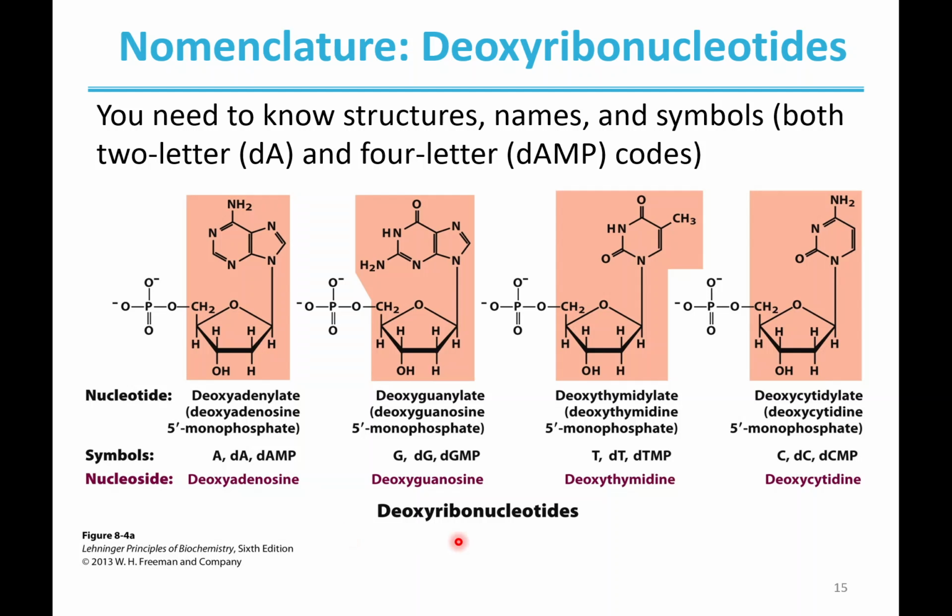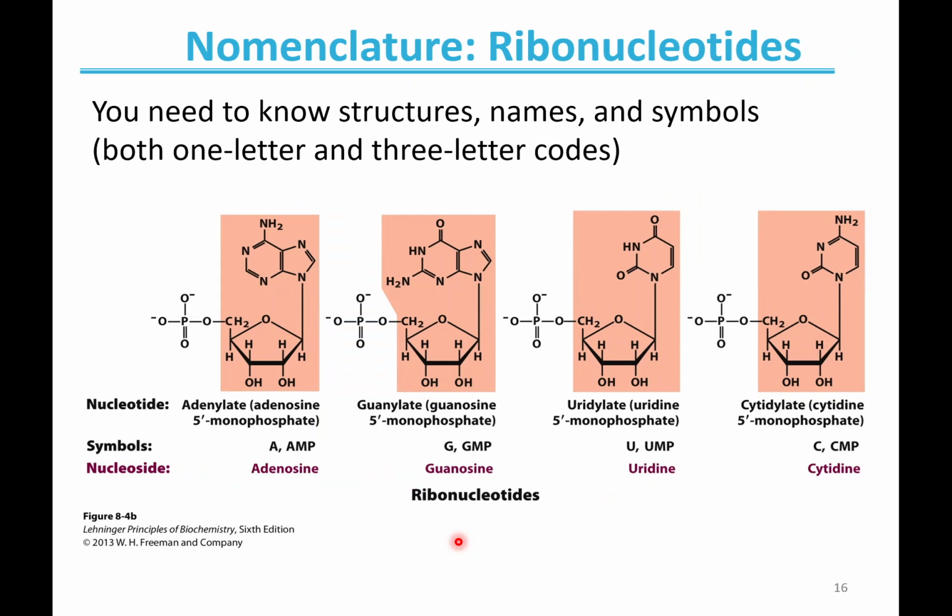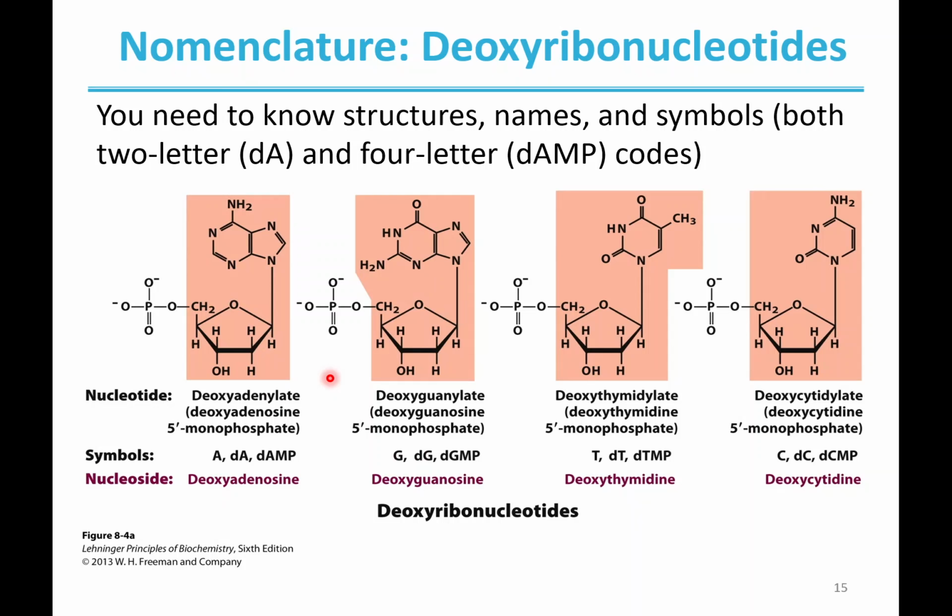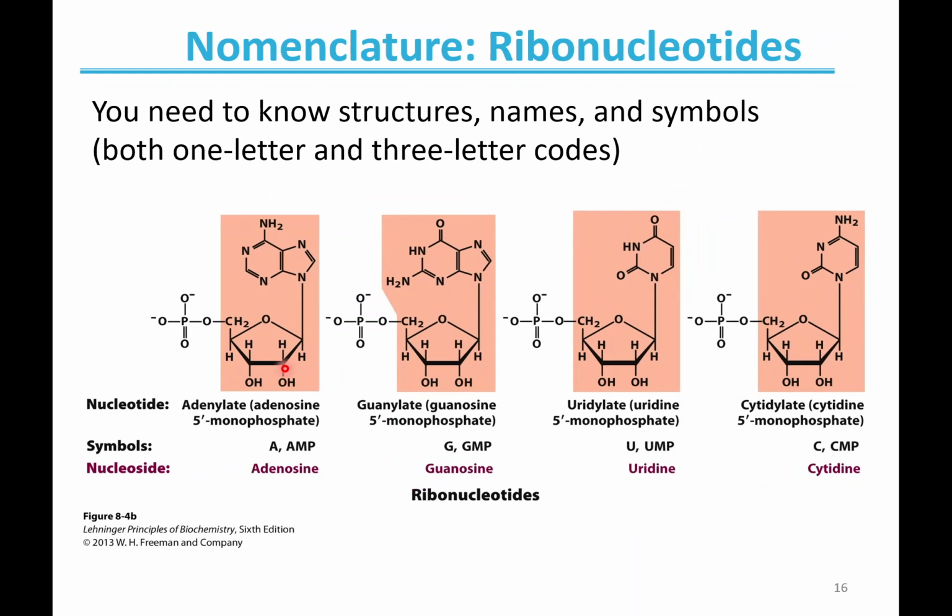So those are the 4 deoxyribonucleotides in DNA. The ribonucleotides are also important to know. The only difference between these and these is that there is an OH group at the 2' position.